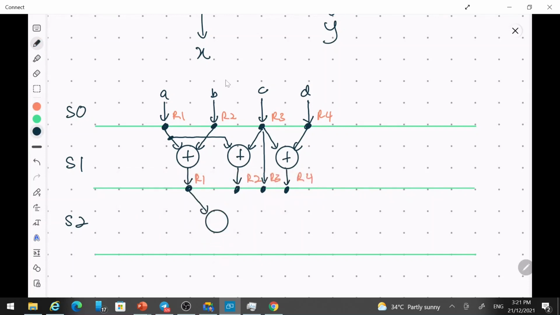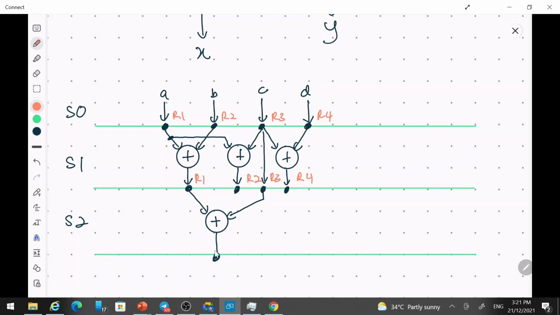So we need to add this to this. This is A plus B, this is A plus B plus C, and we have the value here.